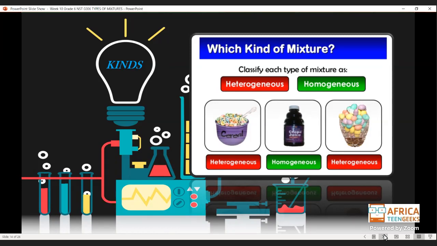You can't see the water and the grapes. It's all blended and dissolved together, the concentrate. So that's homogeneous. Then you have your mix of little sweeties there that are mixed up. You can see the difference, so they are heterogeneous.